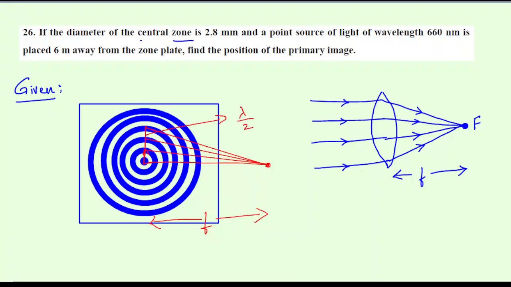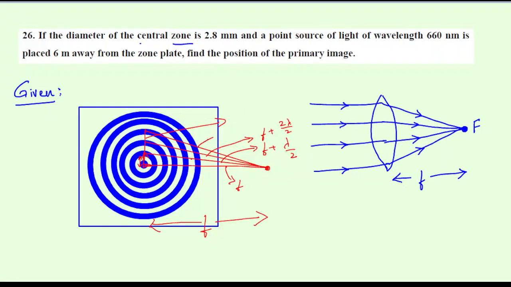The distance between the second ring and the third ring is lambda divided by 2, the third ring and fourth ring is lambda divided by 2, like that. So if this distance is f, then the next distance would be f plus lambda by 2, then f plus 2 lambda by 2, then f plus 3 lambda by 2, and so on.